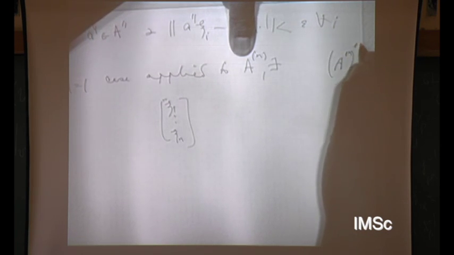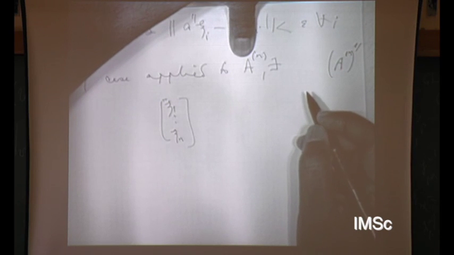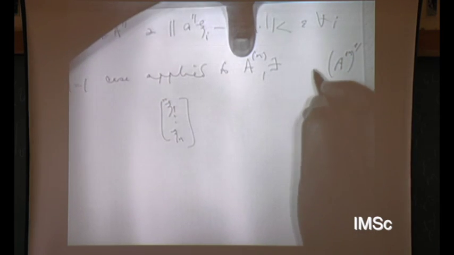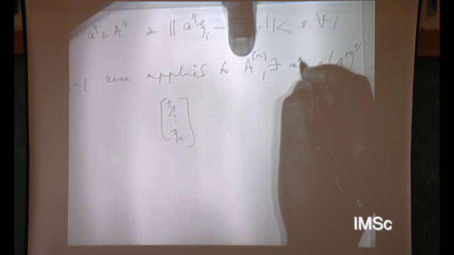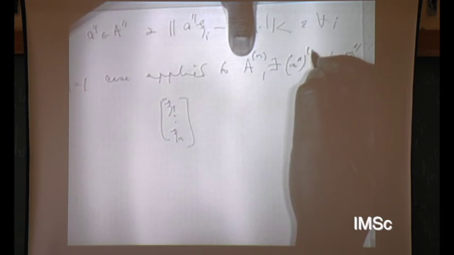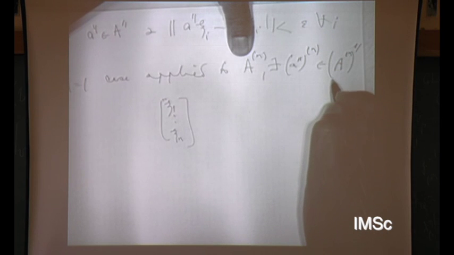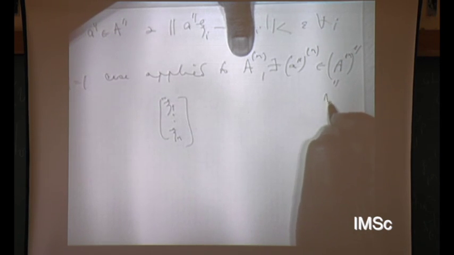A^n double commutant is A double commutant upper n. That means you must have something of the form A double prime upper n in this, which is equal to A double prime upper n.